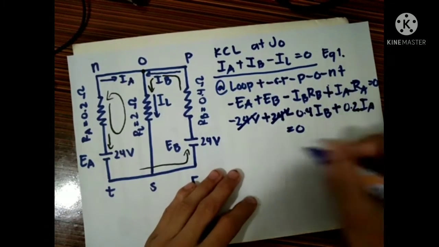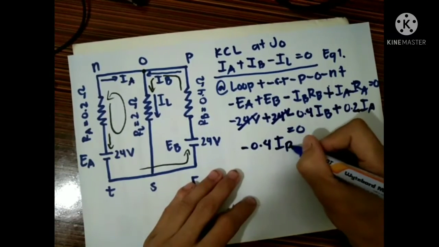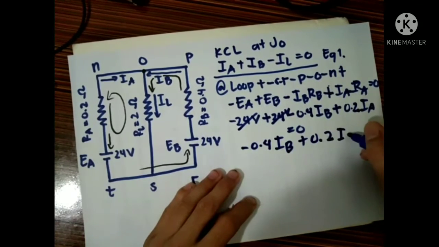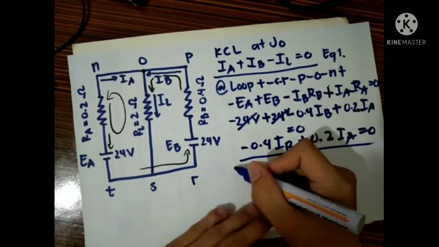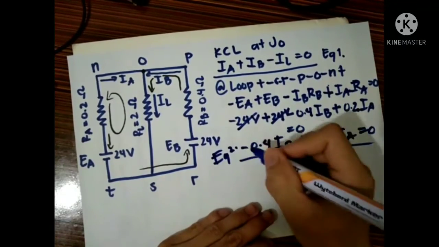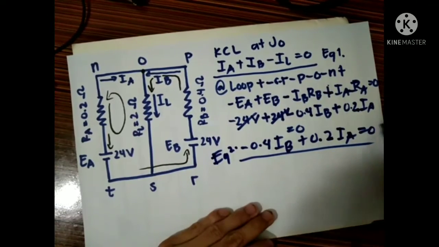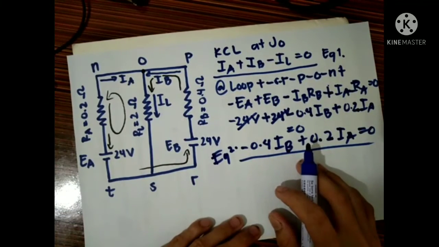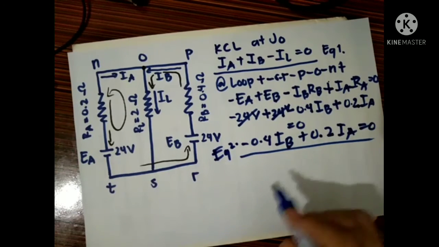So what we have is negative 0.2 IB plus 0.2 IA is equal to 0. This is equation 2, which means we formed the second equation. We could also divide both sides by negative to become positive, but for this time I did not change the signs.